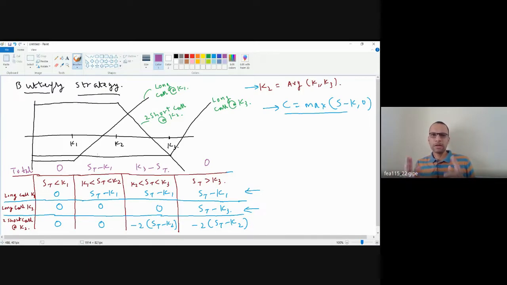So maybe I'll call it a threshold. If you believe that at maturity your ST is going to remain between two thresholds, K1 and K3, then this can be a great strategy because it will generate a positive payoff for you. And if you're wrong, it is going to generate a 0 payoff. That will result in a certain amount of premium outflow which will be lost.